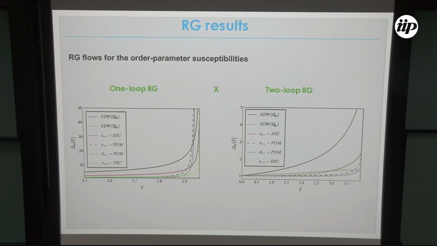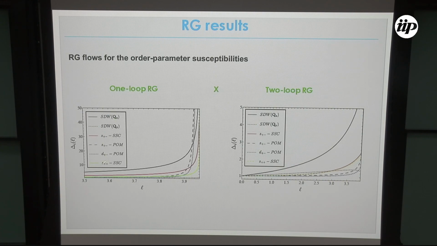So I show you here the RG flow for the other order parameter susceptibilities. I put here the one-loop RG and the two-loop RG just to compare the two. And here you see the flow of all these order parameter susceptibilities towards the low energy limit.